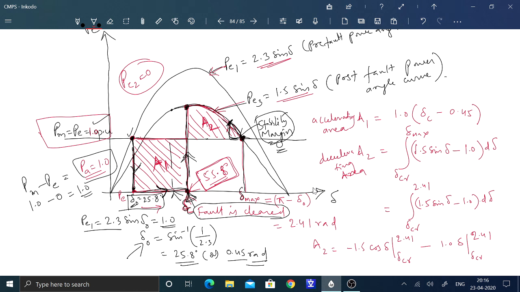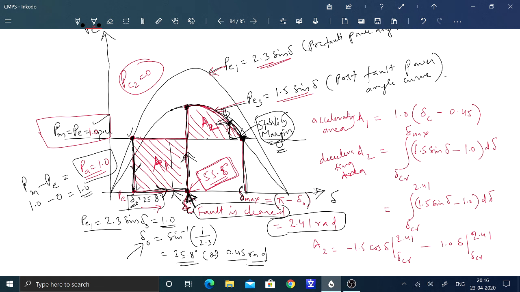But since we are taking this as the critical clearing angle, this swing is up to the maximum angle, which is called delta maximum. And how can we find out this delta maximum? If we know this angle delta naught, we can find delta maximum equal to pi minus delta naught, which comes to 2.41 radians.